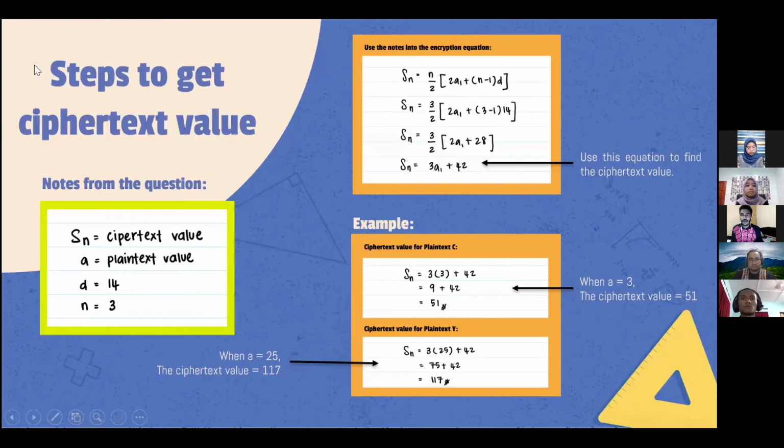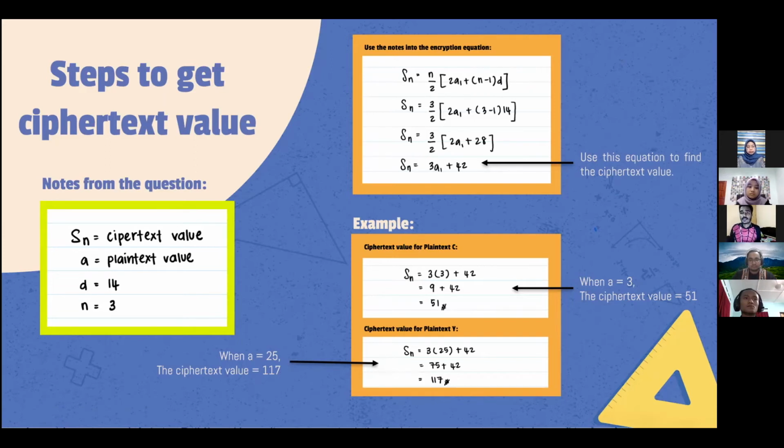Next slide. By using the formula from Task 1, we just substitute the values in the question. The value of d is 14, and the value of n is 3. We use these values in the encryption equation. Sn equals n over 2 times (2A1 plus (n minus 1) times d).